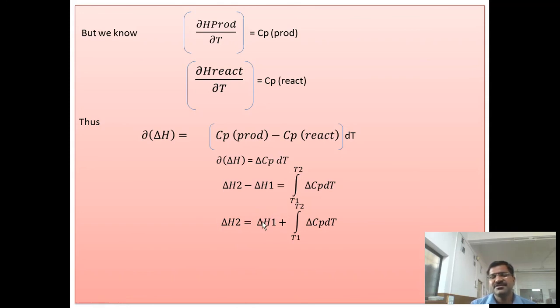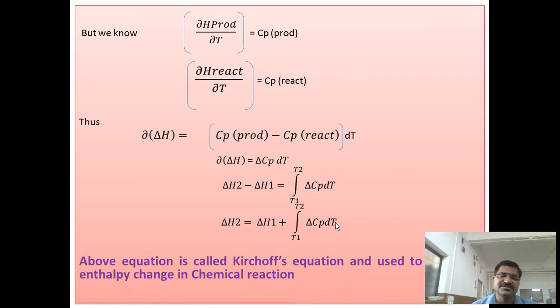In short, we can calculate the enthalpy change of a chemical reaction at a different temperature with the help of this equation. Now what is the conclusion? The conclusion is that the above equation is called Kirchhoff's equation and is used to calculate the enthalpy change in a chemical reaction.